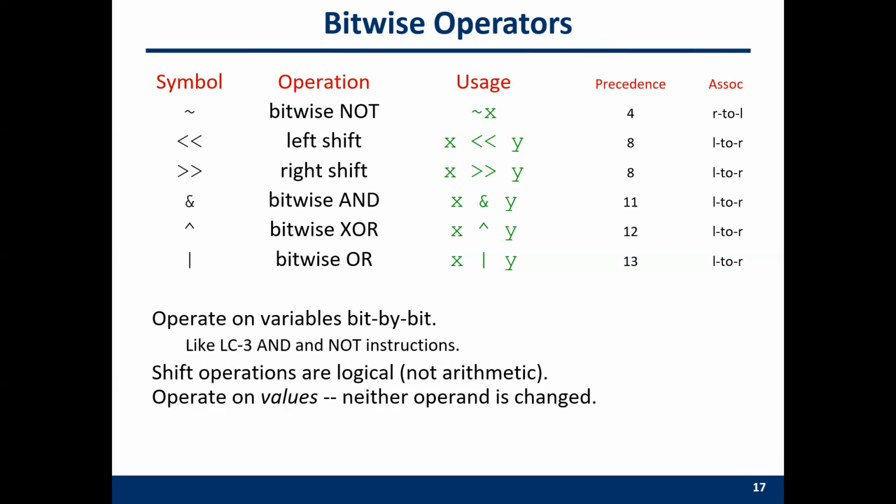So you can see that this one has the highest, because this is a not operation. And these two have a lower, and this one has the lowest.